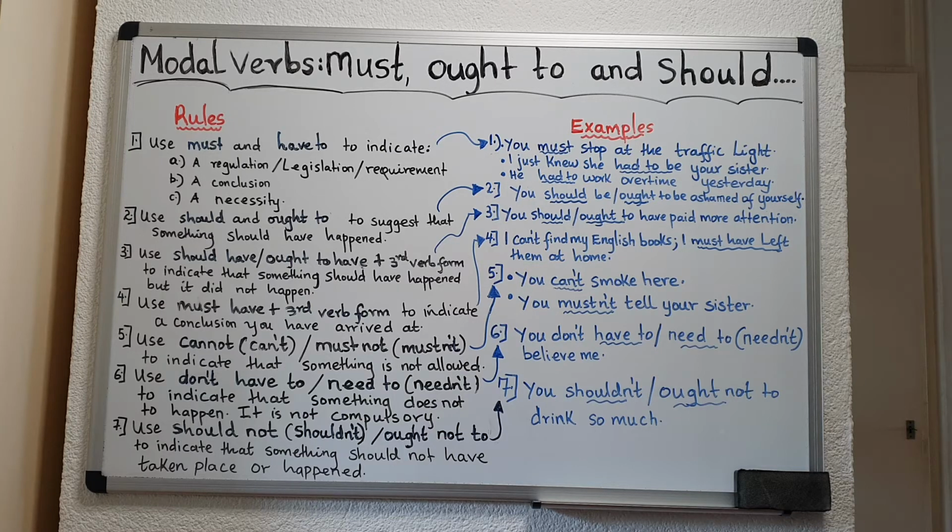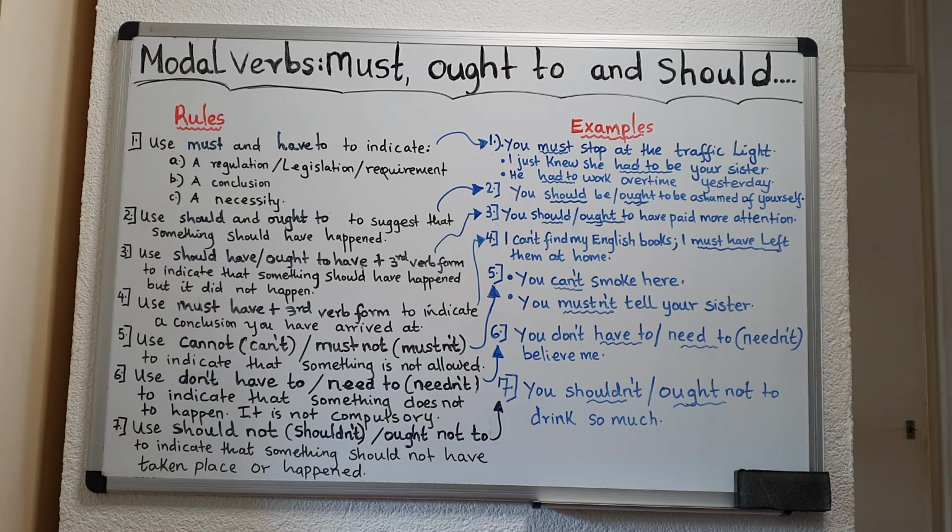A requirement by law is called a regulation or a legislation. It is required by law that you do it. Let us look at the examples on the right. Example 1. You must stop at the traffic light.